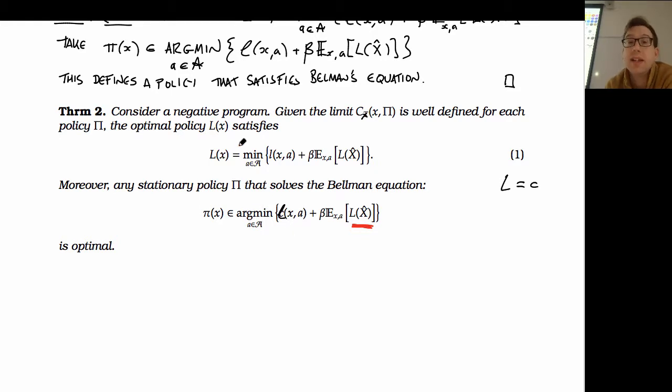Now, I actually need to have found the optimal value function L, and then the stationary policy associated with it is going to be an optimal policy. So it makes the task a little bit harder. Before, I just needed to solve Bellman's equation and then find the policy associated with my solution, and that gave me an optimal answer. Here, I've got to find the optimal value function first, that L of x, and then find the stationary policy associated with it, which is a little bit more difficult task.